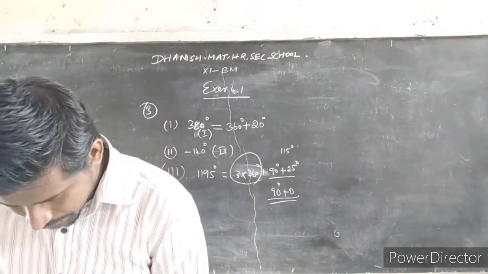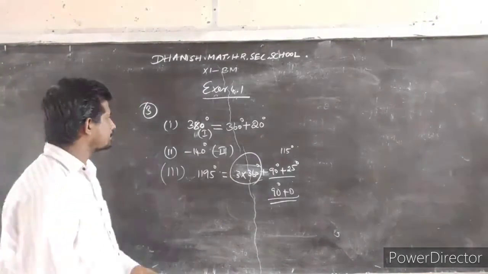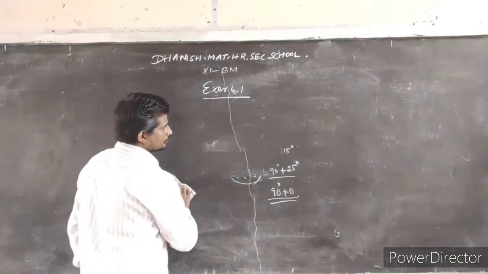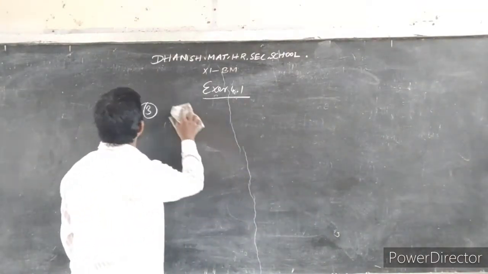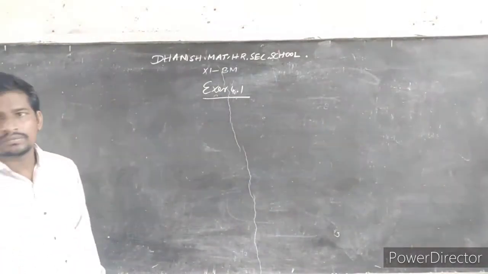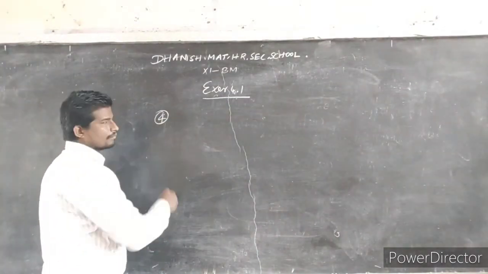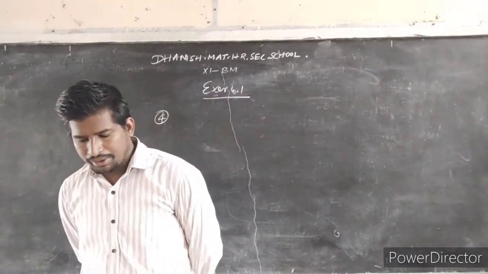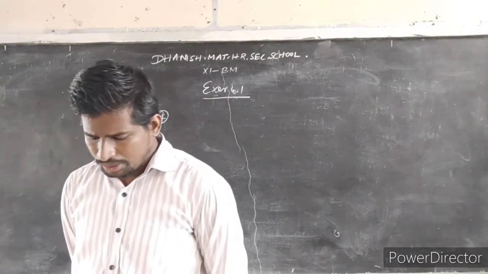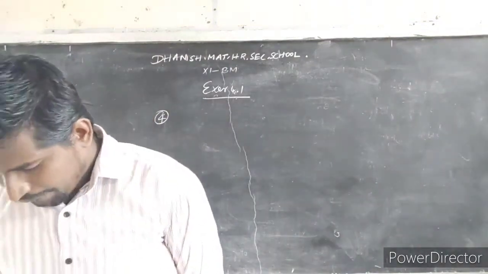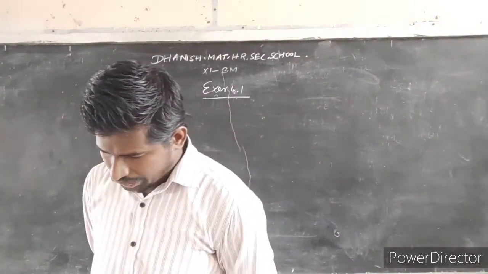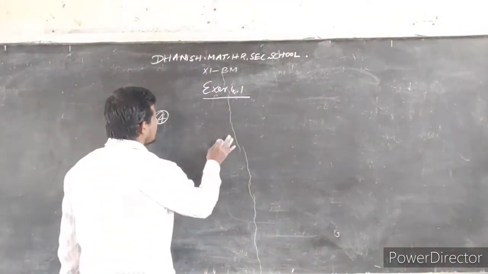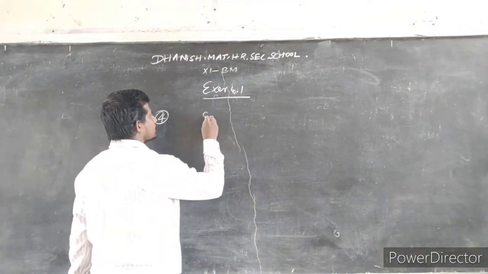Then look at the fourth one. Find the values of each of the following trigonometric ratios. Now we are going to find the values of the given ratios. Before that, we should know two properties.